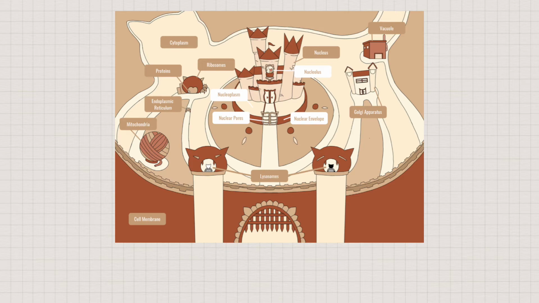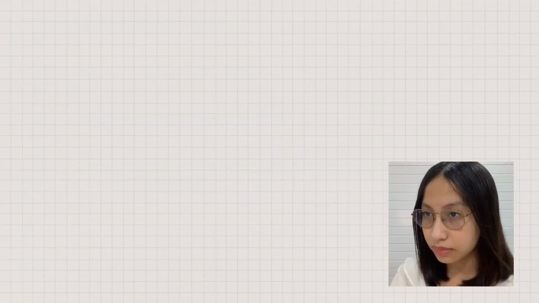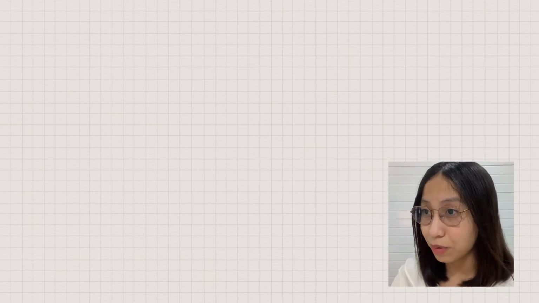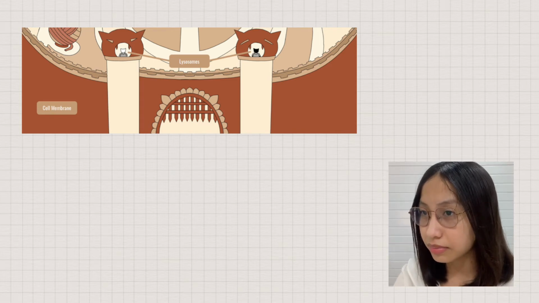First, let's take a look at the CAT-tipunan kingdom. The biggest structure that most of you have probably noticed at first is the outer walls. These walls protect the kingdom against intruders that might harm the environment, especially the civilians.